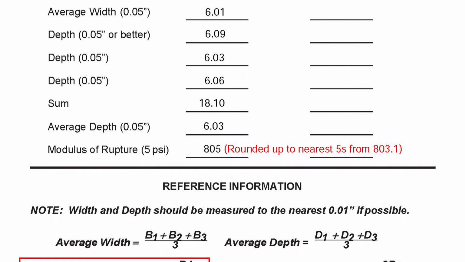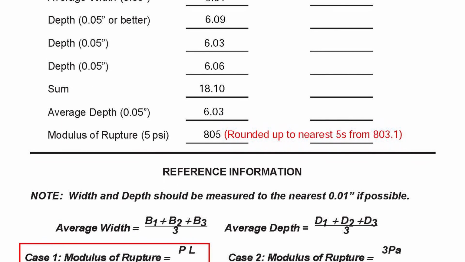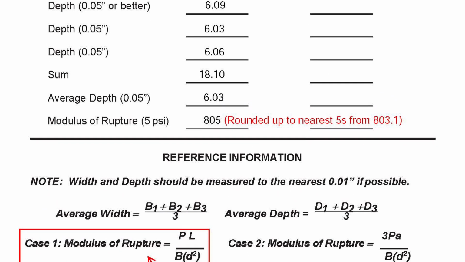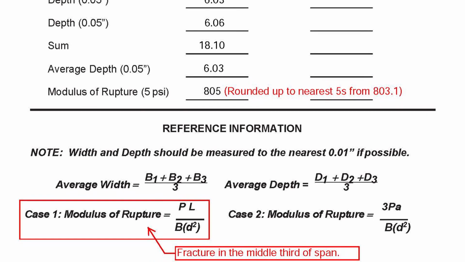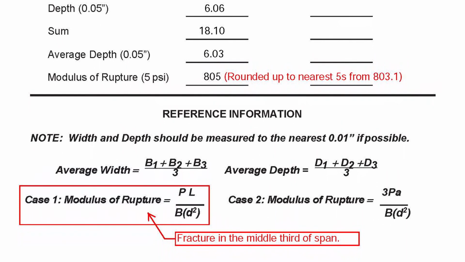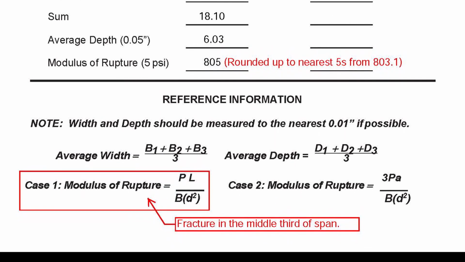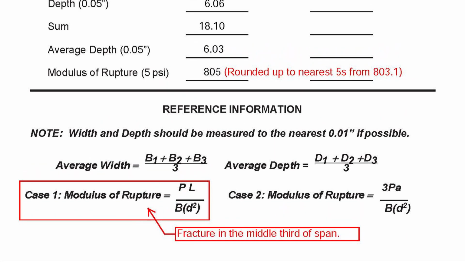Taking a look at our calculation for the modulus of rupture, you may recall from our previous video that the fracture was in the middle third of the span. As a result, we used the case 1 equation, which is PL over BD squared. P is the peak load, L the span length, B the width, and D the depth.